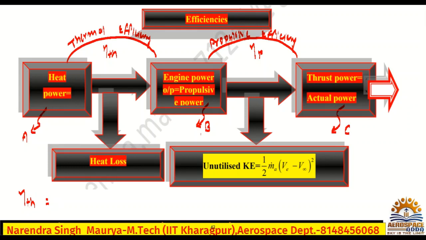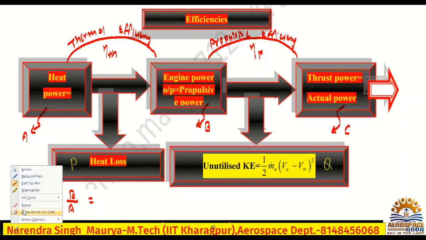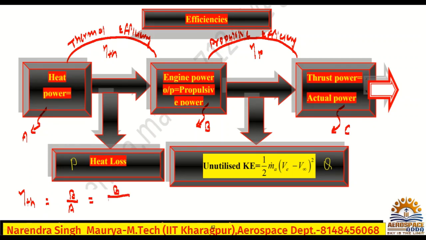So here output will be B for the thermal efficiency, and input will be A. One more numbering I just want to mention here: this is P, and this is Q.